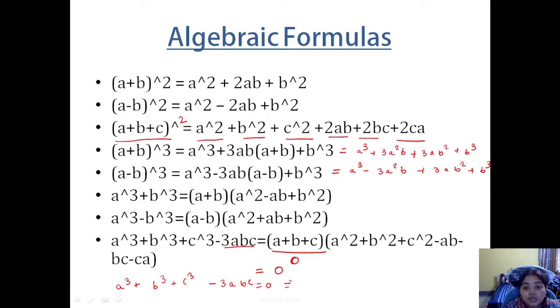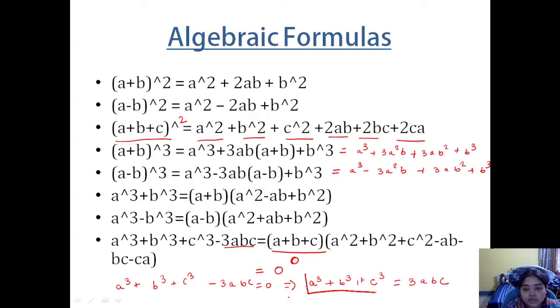So what we can deduce here, we are taking this negative term to the right hand side of the equals. So we can write here a cube plus b cube plus c cube is equal to 3abc.